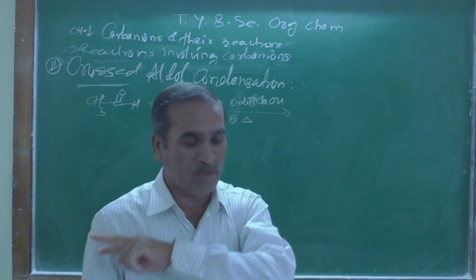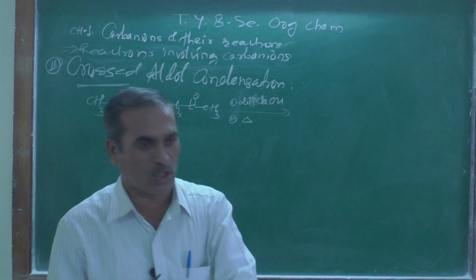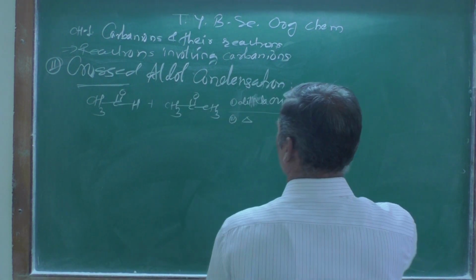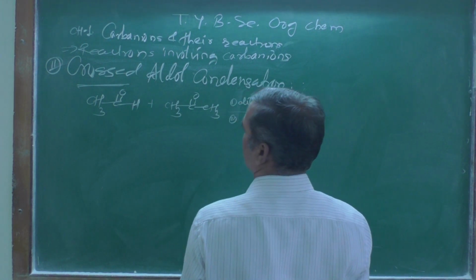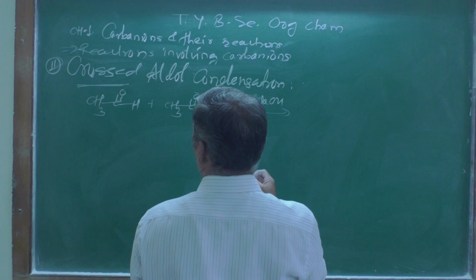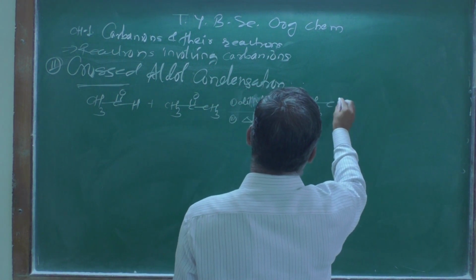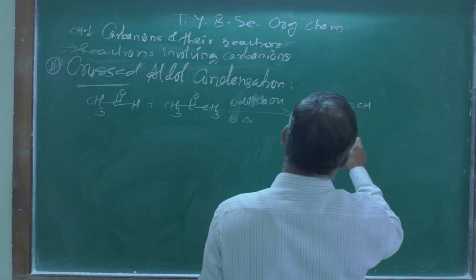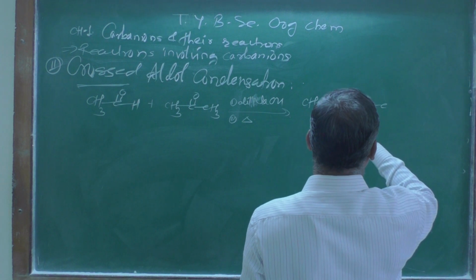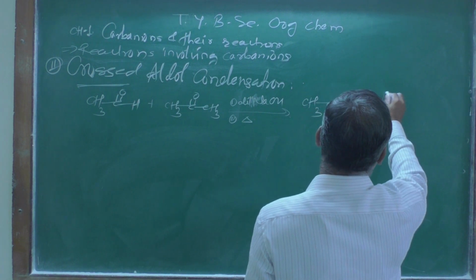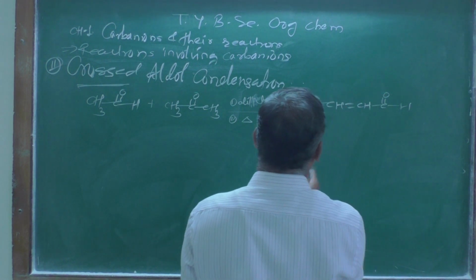Two are self aldol condensation reactions, and two are cross aldol condensation reactions. Let us see. Two are self aldol condensation reactions like this. Here we are going to get CH3, then CH double bond CH, then C double bond OH, one of the molecules we get over here.